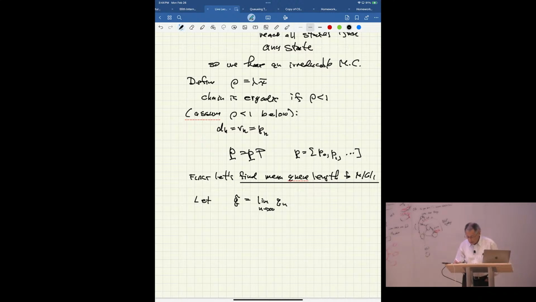And by the way, don't forget, this is first come, first serve. When I start talking about times and system, I better specify what the order of service is. I haven't mentioned that before. Okay, so what I want to do is relate Qn plus 1 to Qn for two cases.